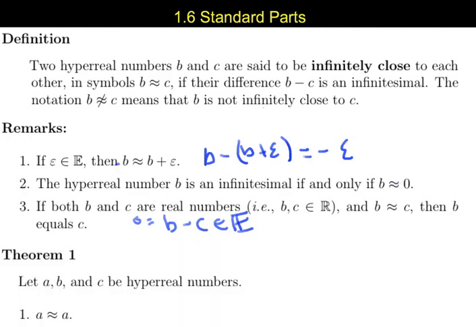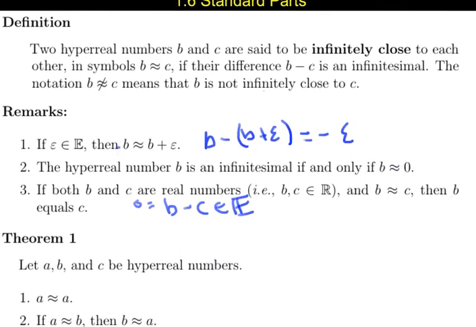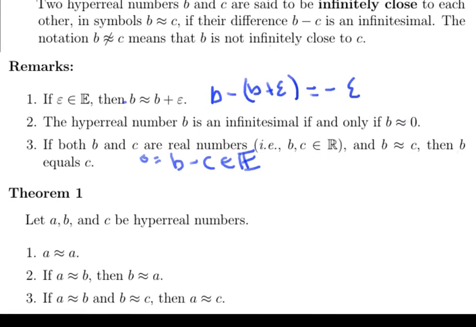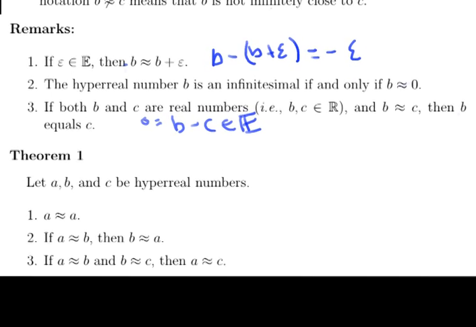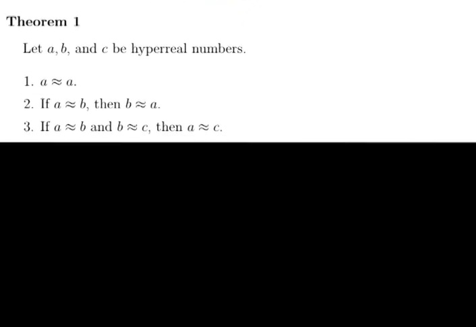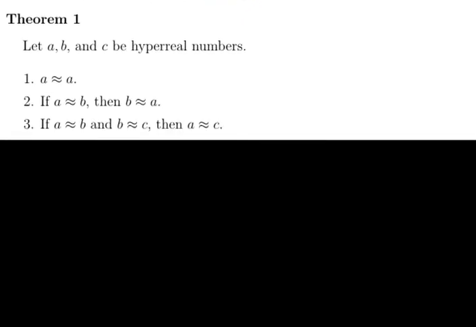All right. So a couple key theorems we'll look at. Theorem 1 says that if A, B, and C are hyperreal numbers, then this squiggly line, saying that numbers are infinitely close to each other, is going to behave just like you're used to with equal signs.